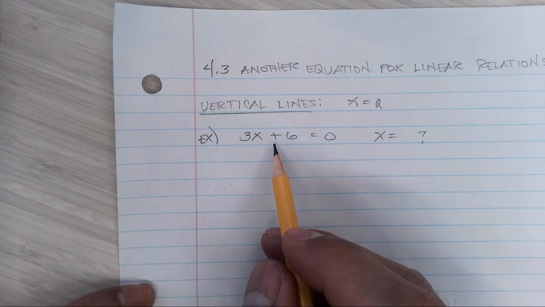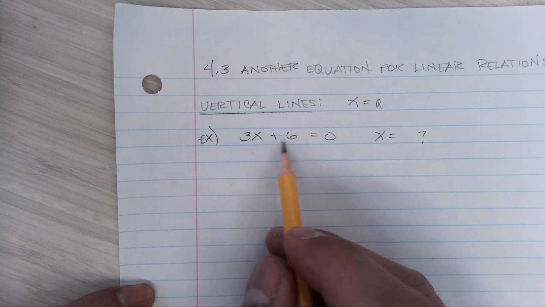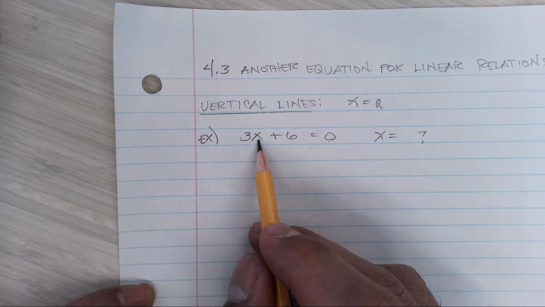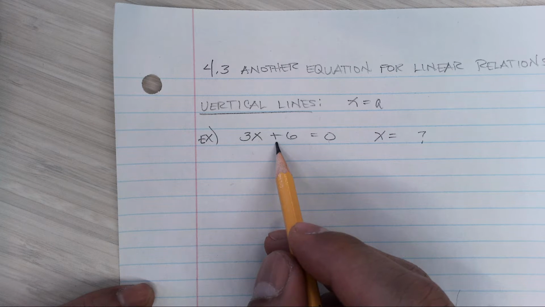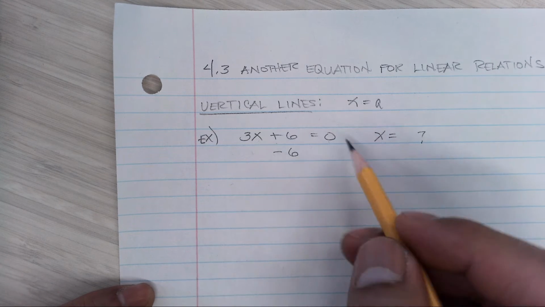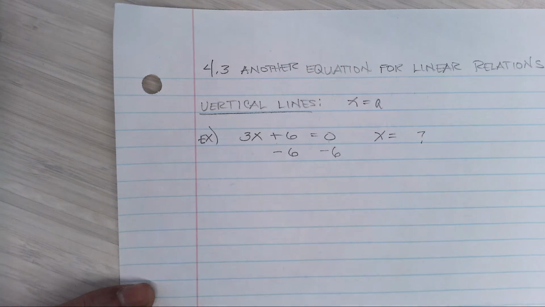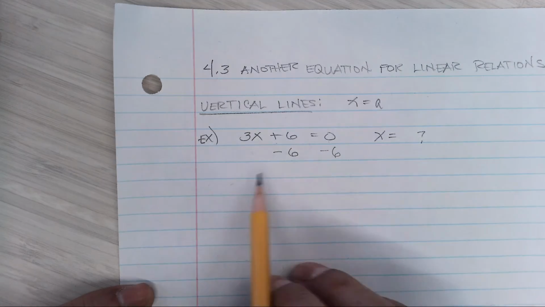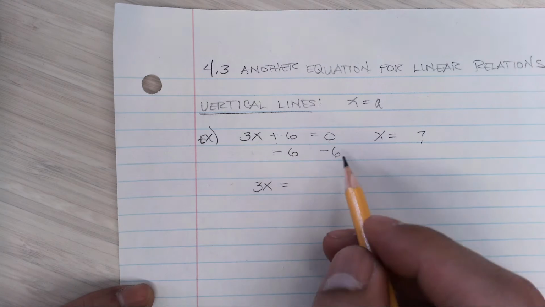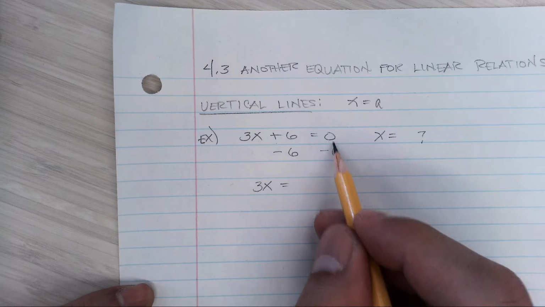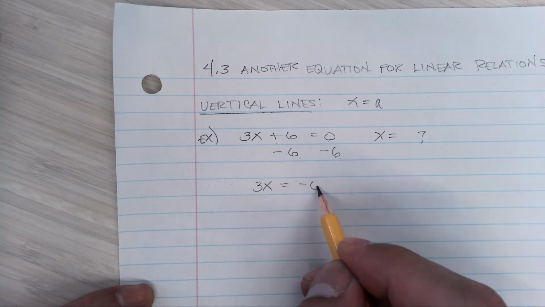So what should I do first to isolate this x by itself? Well, the last thing we did to it was add a 6, so we're going to subtract 6 first. When you do it on one side of the equation, you've got to do it on the other. So now I have 3x equals, and 0 minus 6 is -6.